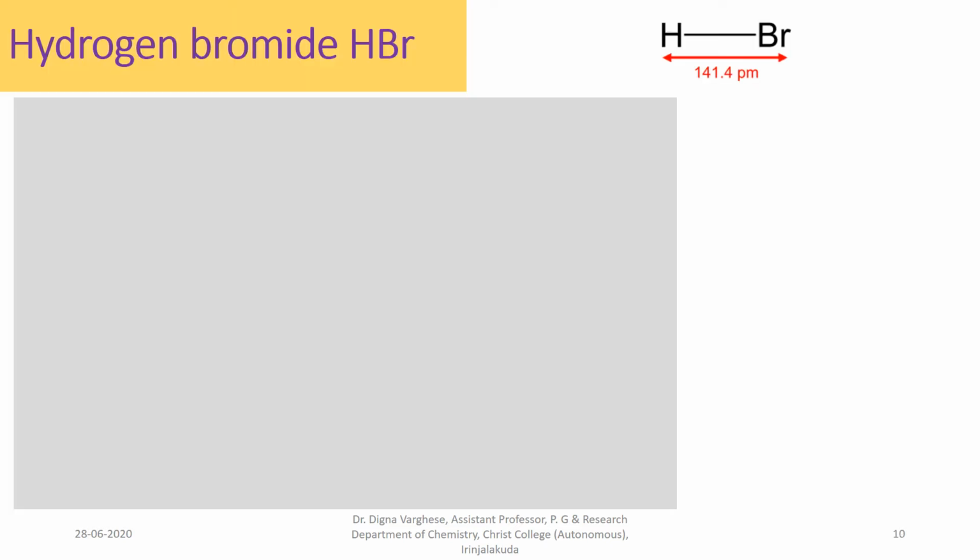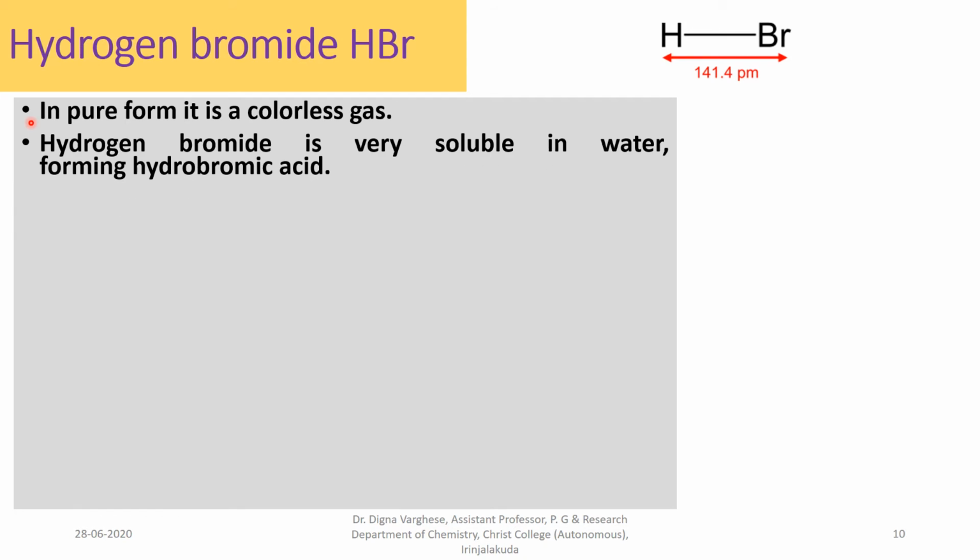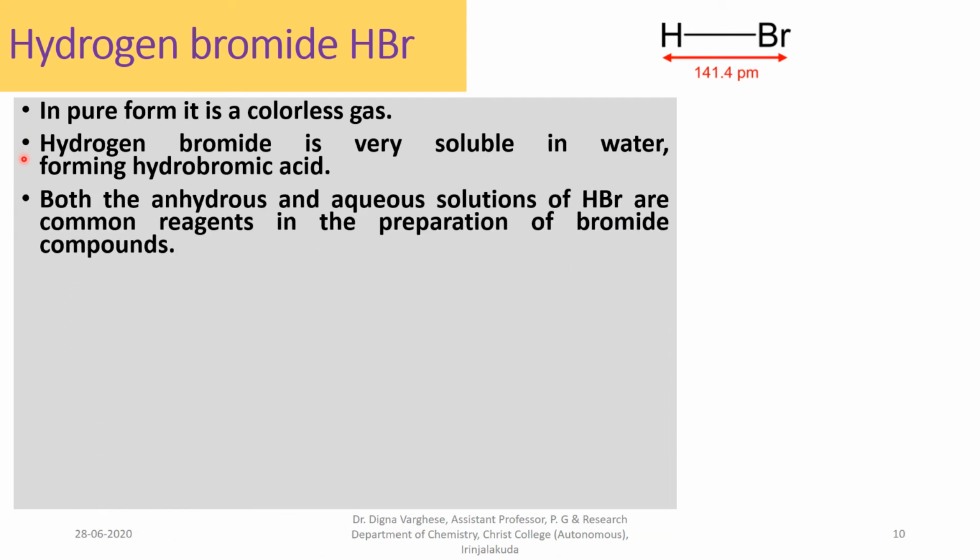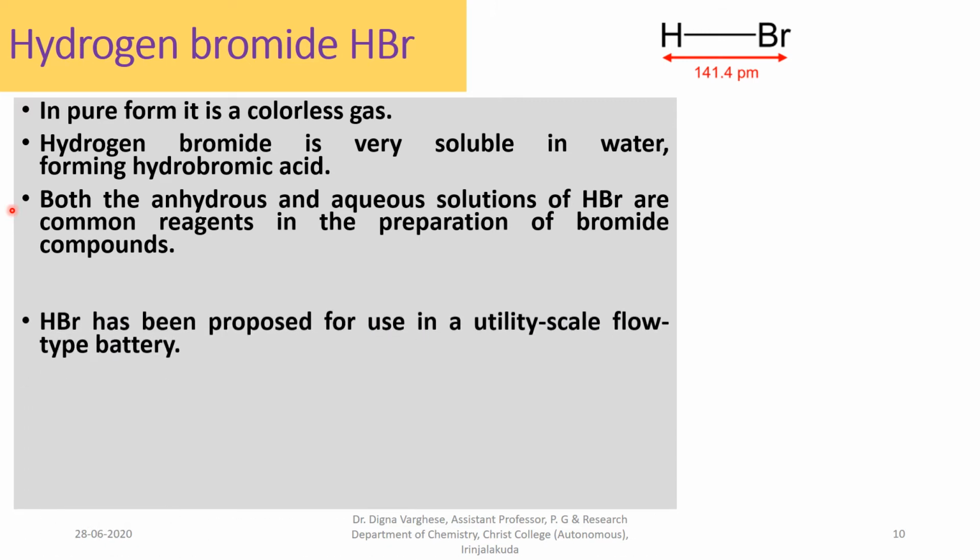Hydrogen bromide, HBr. In pure form, it is a colorless gas. Hydrogen bromide is very soluble in water, forming hydrobromic acid. Both the anhydrous and aqueous solutions of HBr are common reagents in the preparation of bromide compounds.